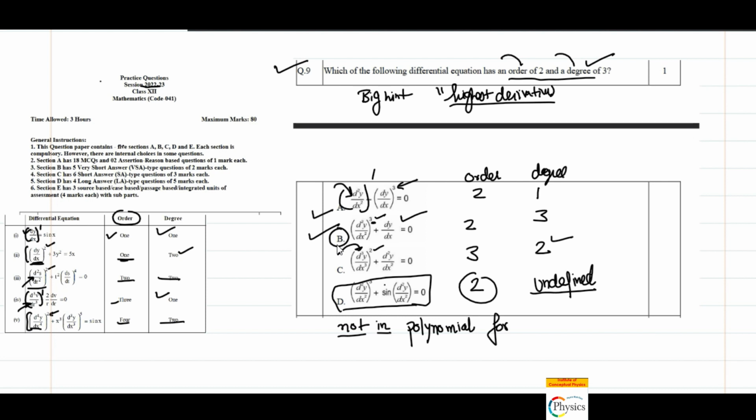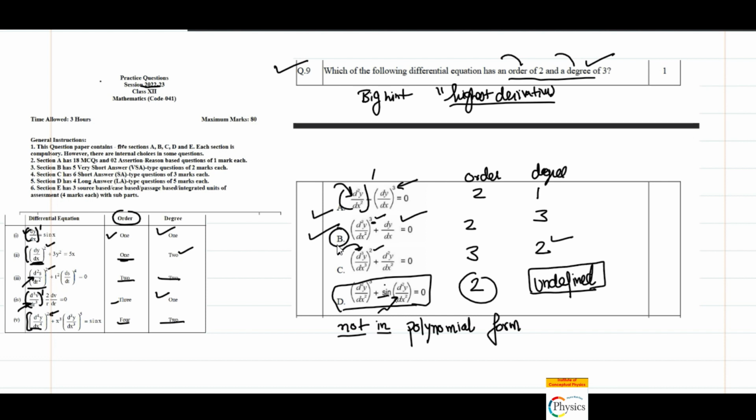If you get a derivative inside a sine function or a log function, it should strike you that such derivatives appearing inside a trigonometric function and a log function will make the whole equation a non-polynomial equation. Such differential equations don't have any degree.